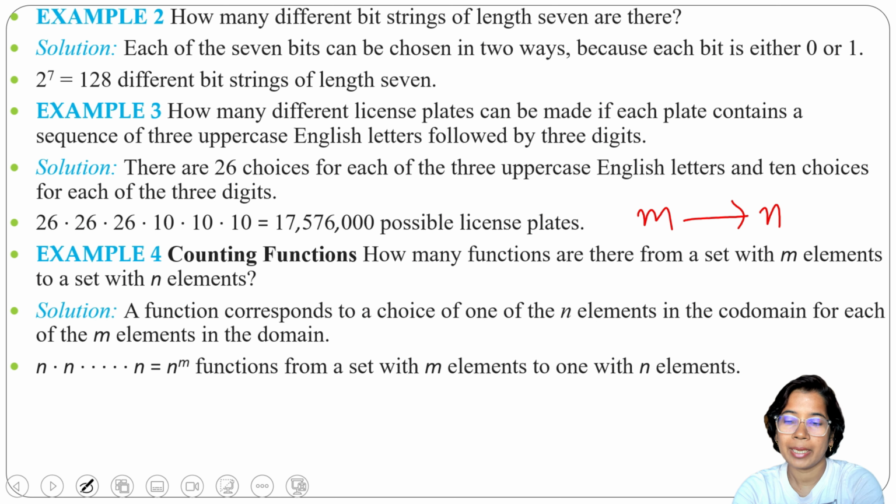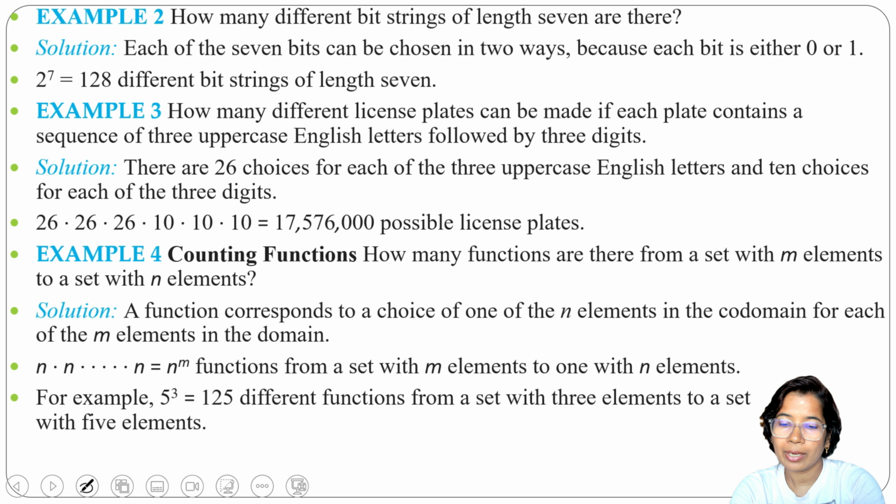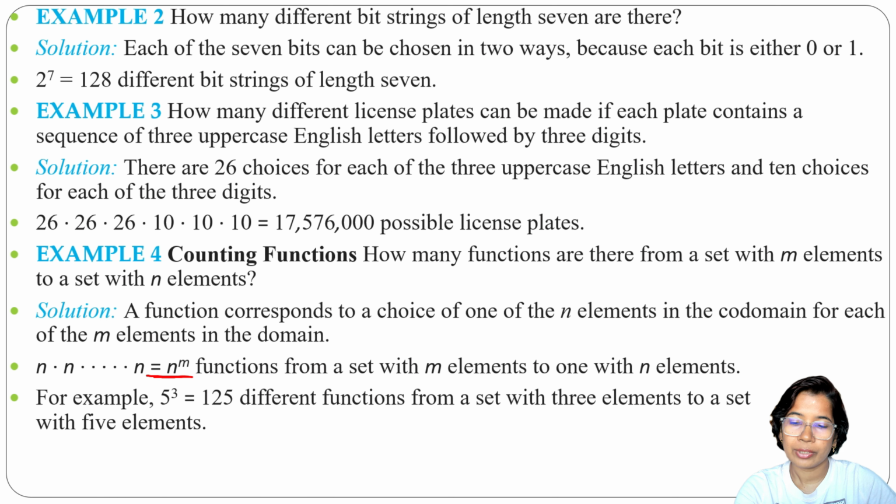N will be multiplied m times, so there are n power m functions from a set with m elements to another set with n elements. Suppose there is a set with 3 elements and another set with 5 elements, then how many functions are possible from the set with 3 elements to the set with 5? It will be 5 power 3, so 5 power 3 is 125. I already discussed this formula during the function lecture. Just go through that lecture.